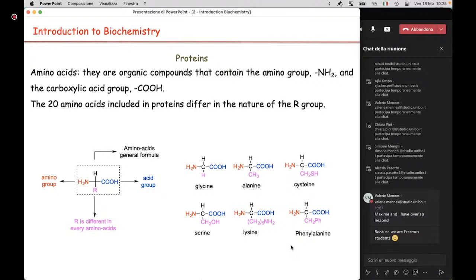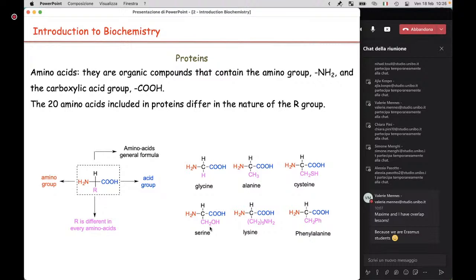Here we have 6 examples of amino acids. The most simple amino acid is glycine, here, where the side chain is just a hydrogen. But we can have also a methyl group, alanine, thiol group, cysteine, serine with an alcohol group, another amino group, an aromatic group, phenylalanine, and so on and so forth.